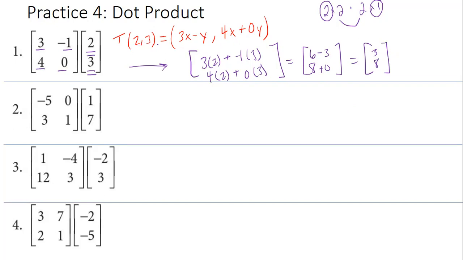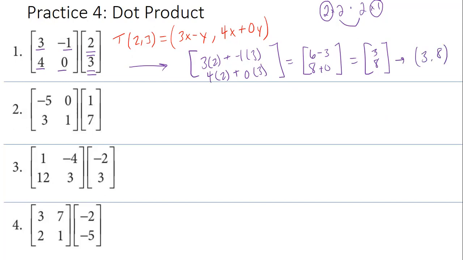Did we not do -1 times 3? They all go together. The only difference is that they say, let's eliminate the variable aspect and only focus on the numbers. So if I'm at 3, 8, in terms of an ordered pair, this is 3, 8.